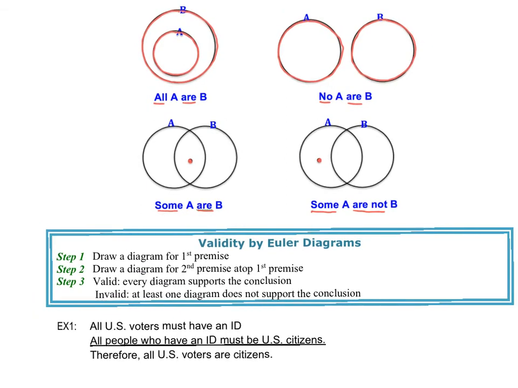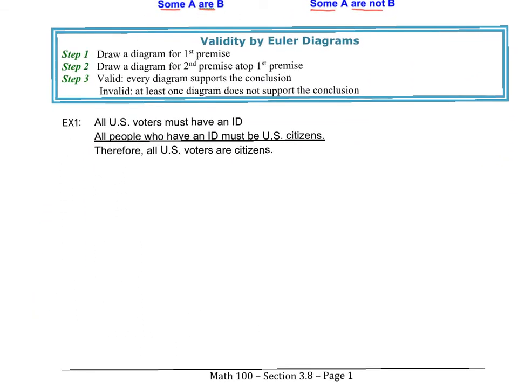The process of determining whether a quantified statement is valid or invalid is given in this box. So the first step is we're going to choose one of those 4 diagrams to draw our first premise. And then in the second step, we're going to take our second premise and we're going to draw a diagram on top of the first premise.